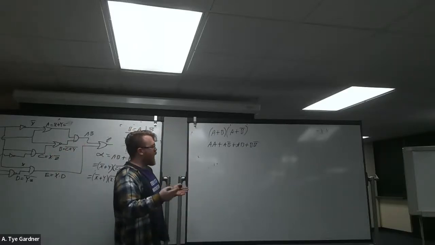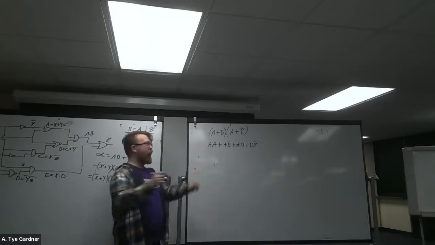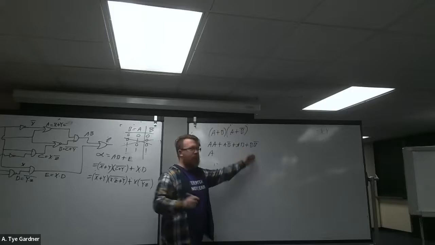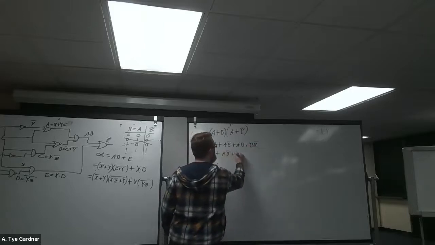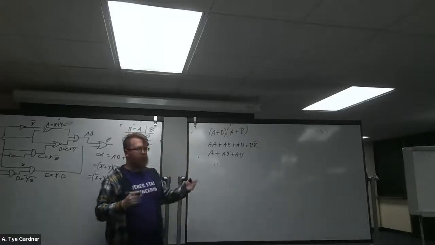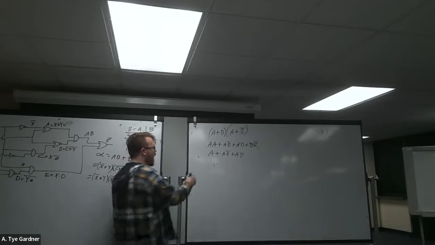All right, let's look at things that we know, right? The easy ones. A and A becomes A. B and not B becomes 0. Okay, let's bring everything down. What's our next simplification? Pull the A out. I like that one.